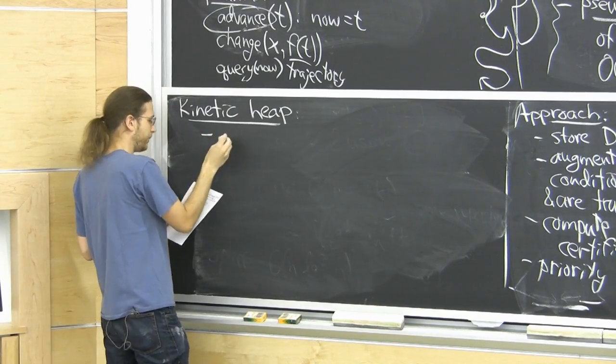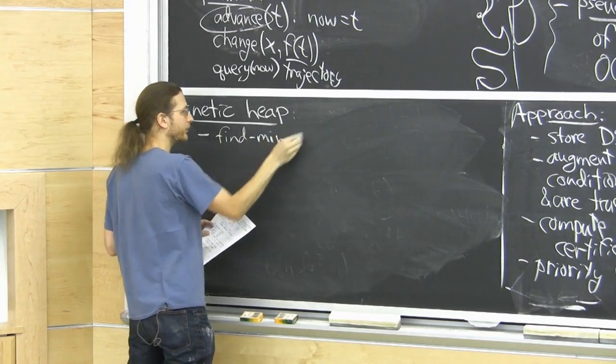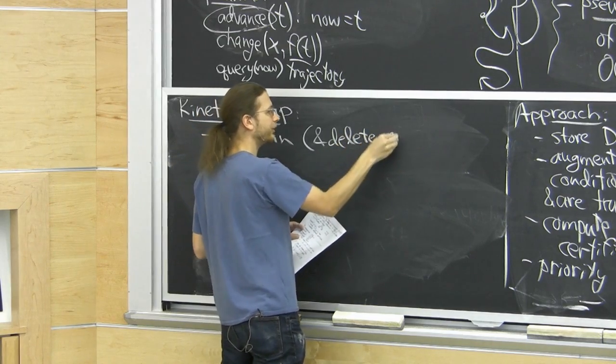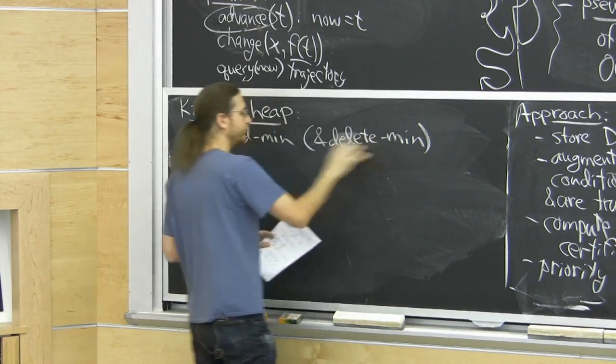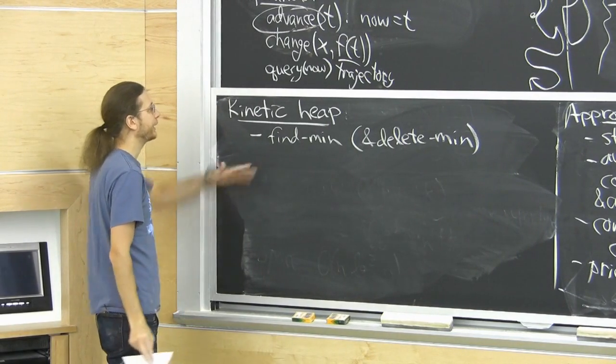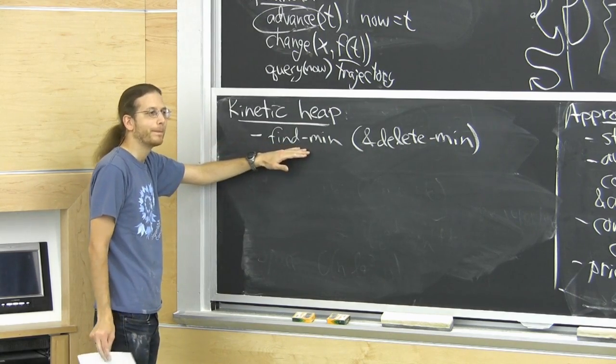Our goal is to be able to do find min. There's also insertions and deletions, but I'm not going to think about them because they're not really that different. They're kind of like a change. Let's not worry about it. The goal is to maintain the minimum.